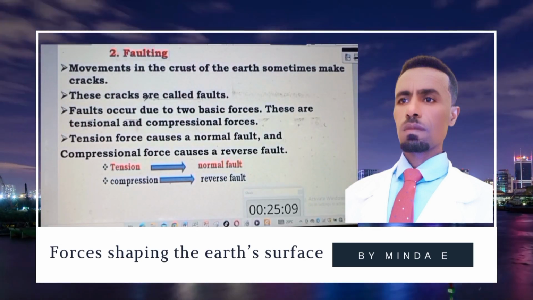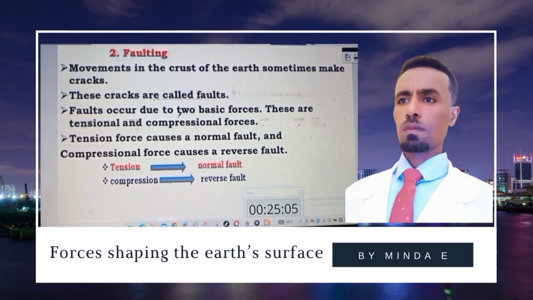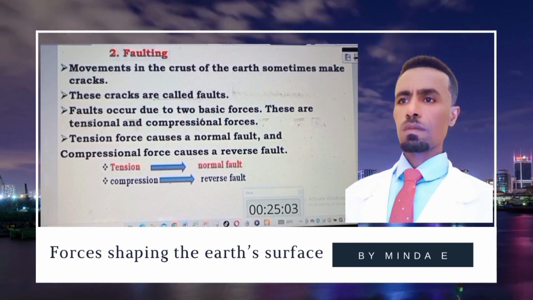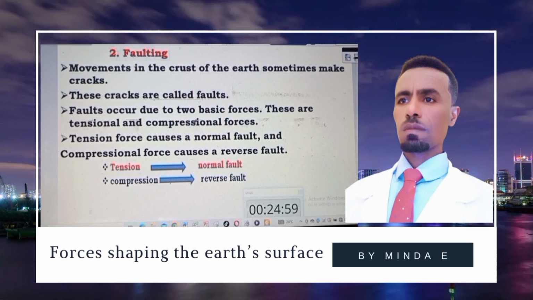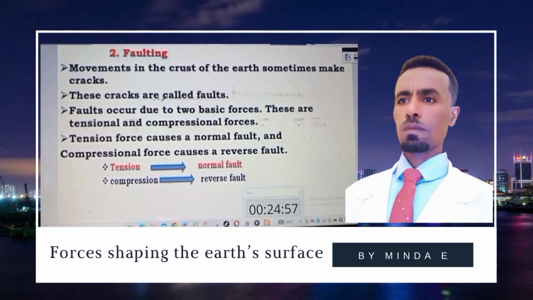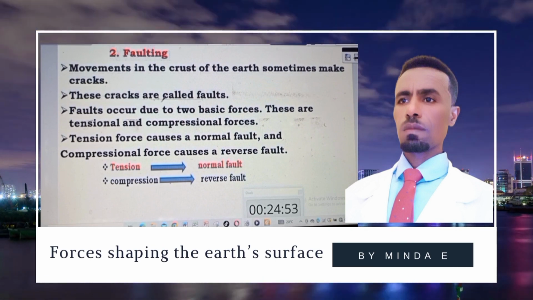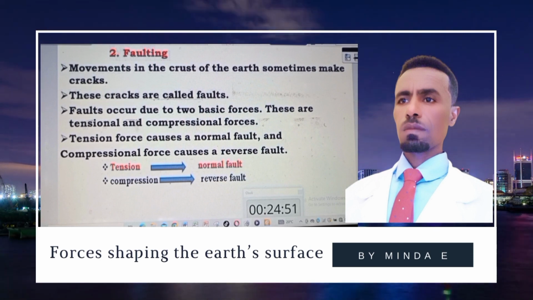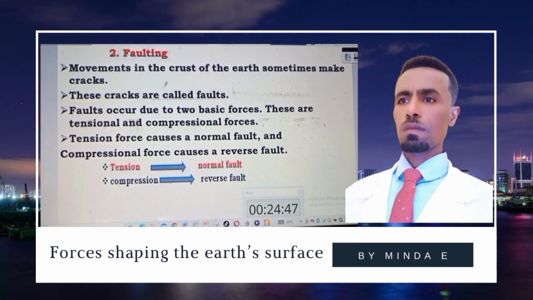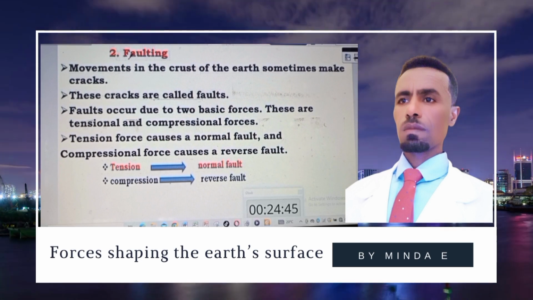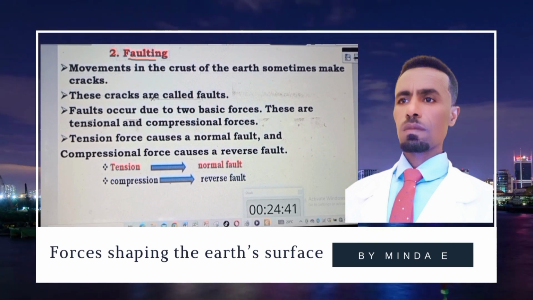Another point is faulting. What we have seen till now is folding. So folding is one of the internal forces which influences the external part of the land surface. Another internal force is faulting.